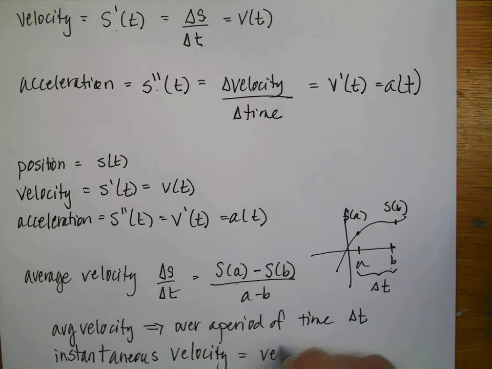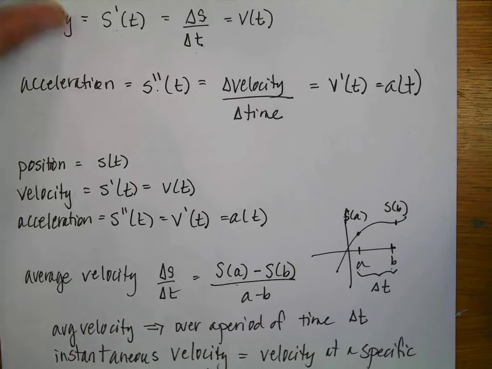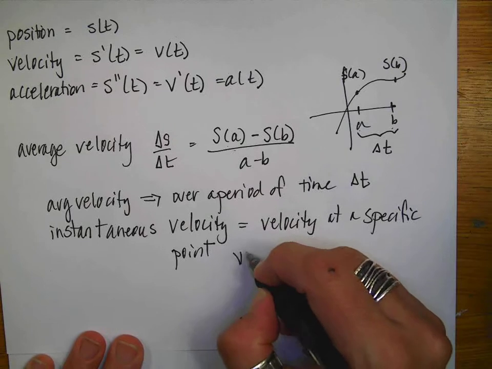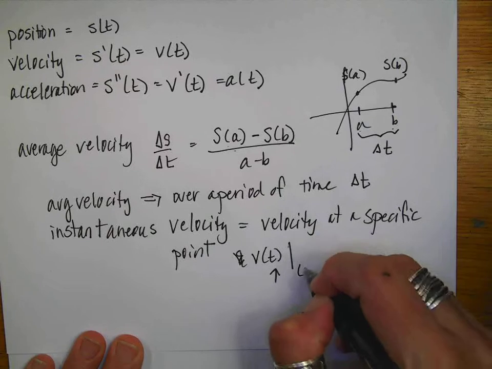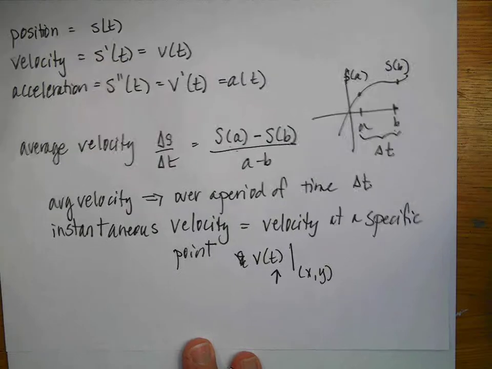Instantaneous velocity is going to be velocity at a specific point. And so I'll move my paper up so you can see. If you think about that, that's just the velocity, v of t, evaluated at a specific point, right? And so that's what instantaneous velocity is.